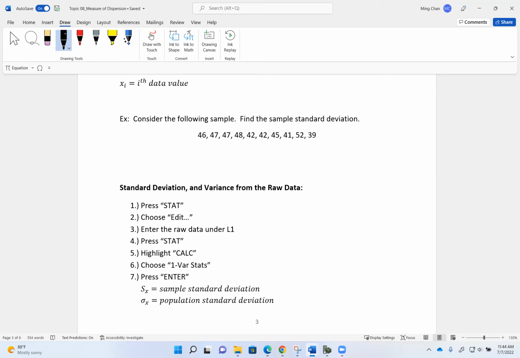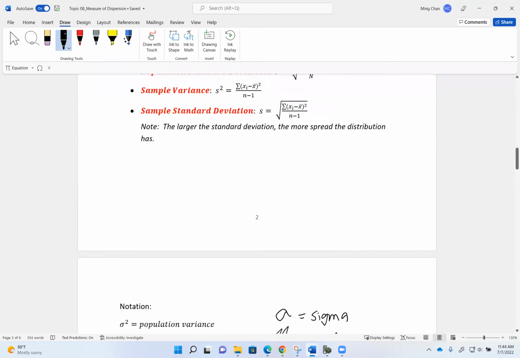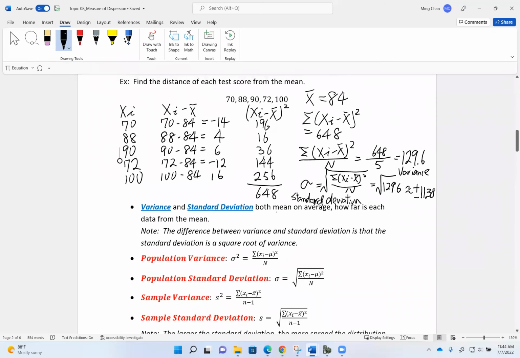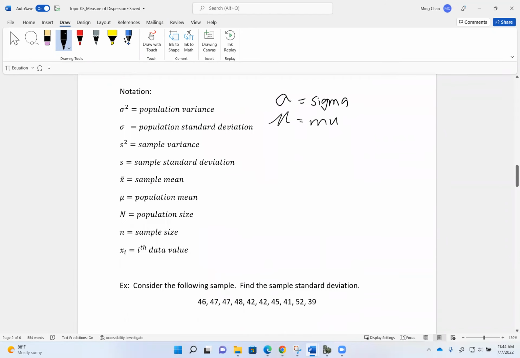The calculator will only display the standard deviation, so if you ever need to find variance, you just square it. If you are given a standard deviation like 11.38, all you have to do is square that number to come up with the variance. If you come up with the variance first, then take the square root of it to get the standard deviation.